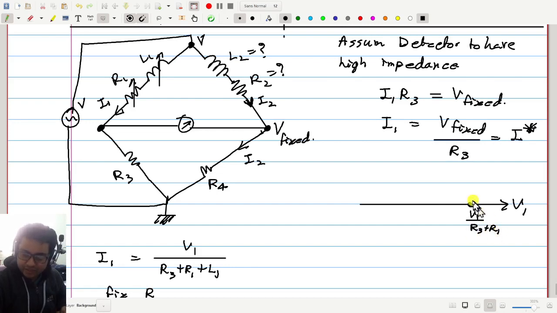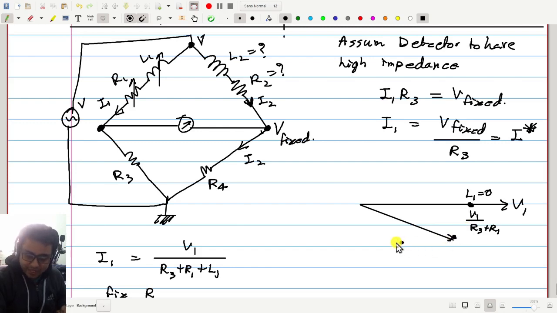For some value of R3 and R1, and L1 equal to 0. This is L1 equal to 0. Now when we increase L1, what will happen? The current will become lagging. Maybe the current will come here. Maybe this will be the current value I1, and as you increase L1 more and more, the current will be more and more lagging.